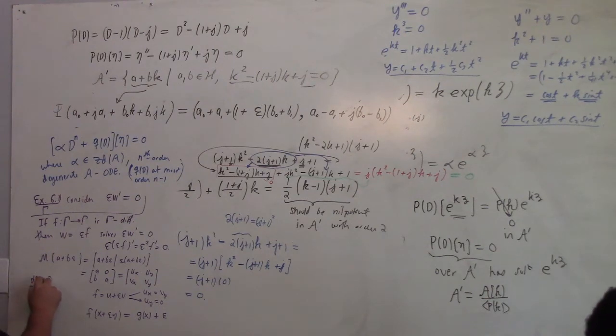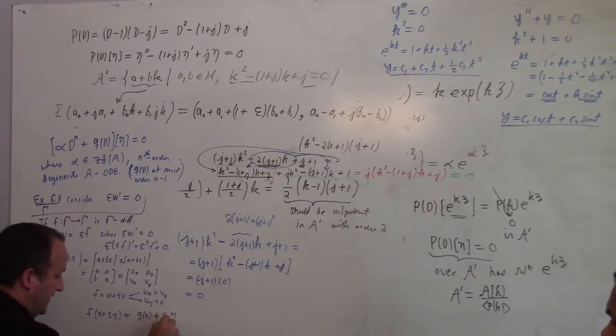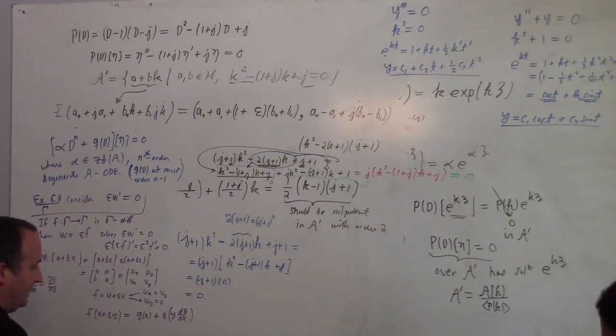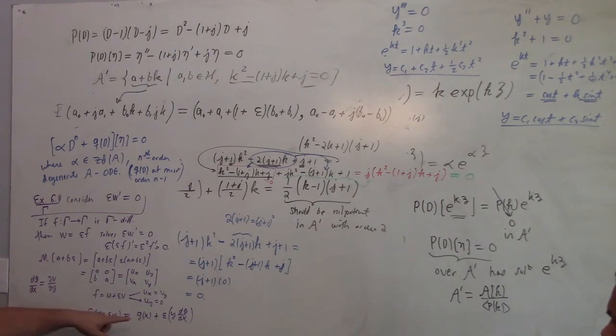I need that to be equal to partial v partial y, so I just take y dg dx, because then partial v partial y is dg dx.